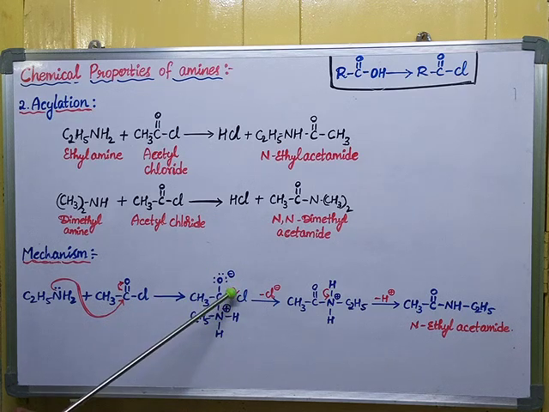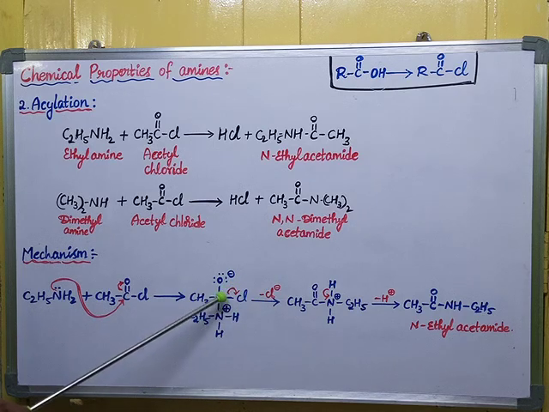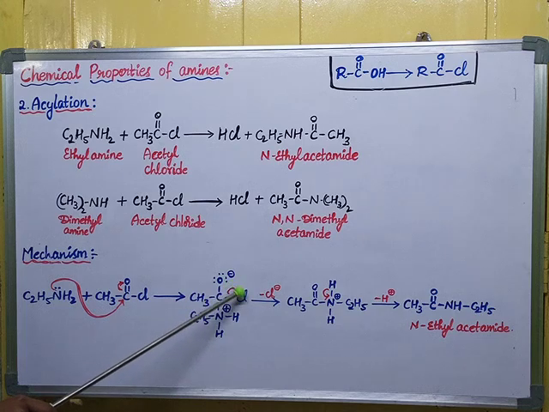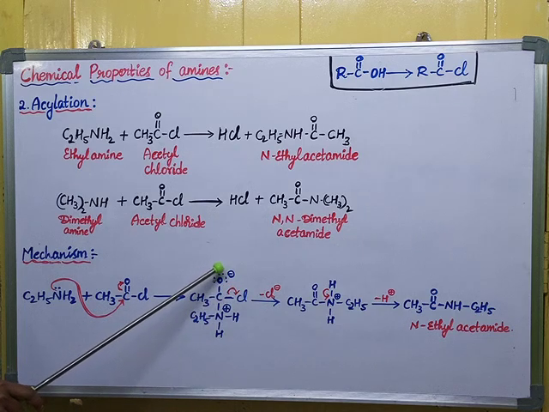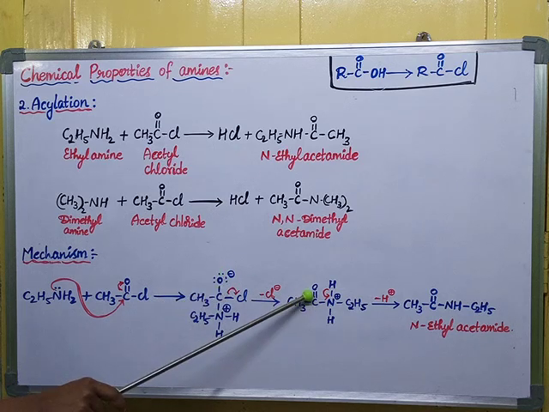Chlorine is more electronegative than carbon, so it takes electrons towards itself and gets a Cl minus charge. Now the negative charge on oxygen and positive charge on carbon form a double bond.